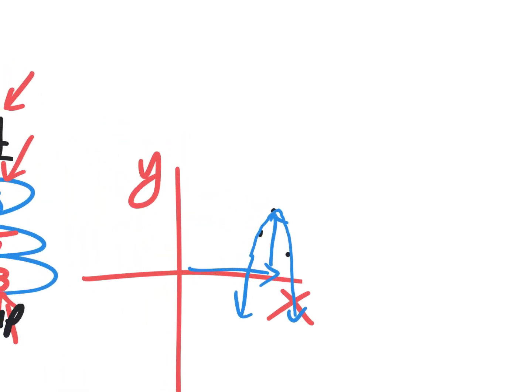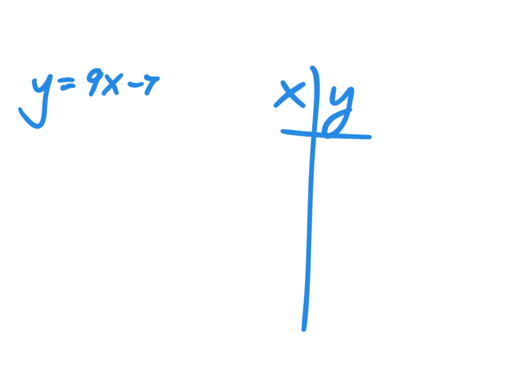All right, so let's do another one. This is a typical test question, like a long time from now. Y equals 9x minus 7. You got to be strategic about which points you pick. In this case, is putting in 0 and 1 and 2 going to be pretty good?